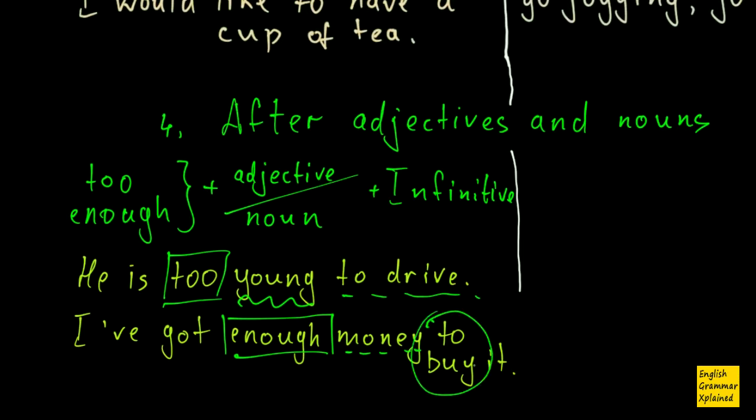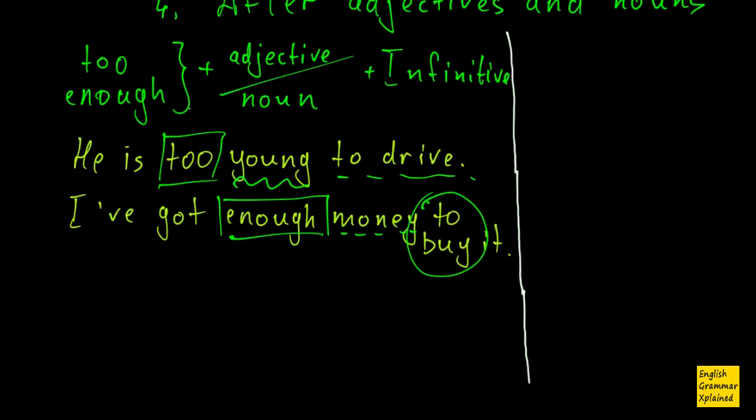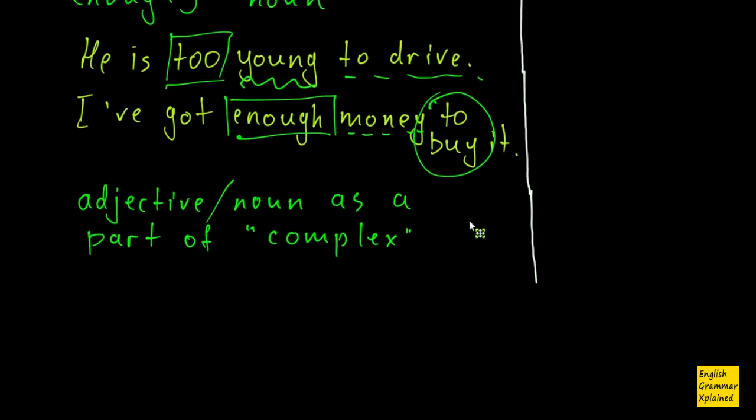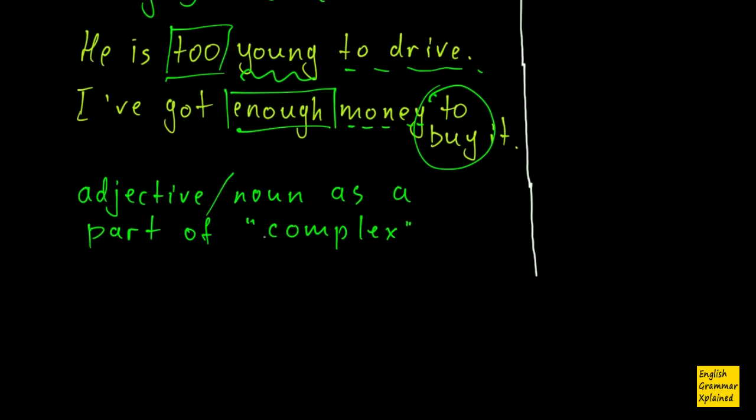This is it. In other cases, adjectives and nouns can be part of complexes, so-called for-complex, complex object, complex subject, and so on. They cannot be separated from that complex. From the first sight, it can be in some way arcane, but it's quite easy because you just remember the order of words in your sentence, and that's basically it.